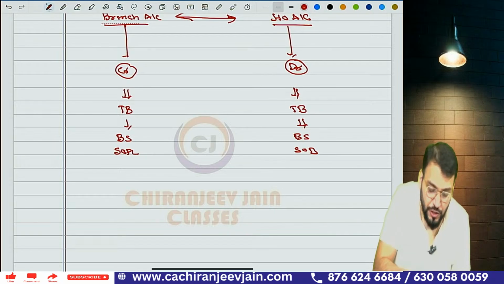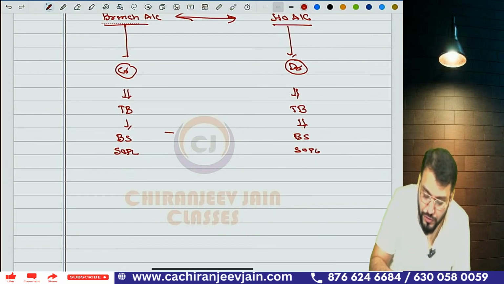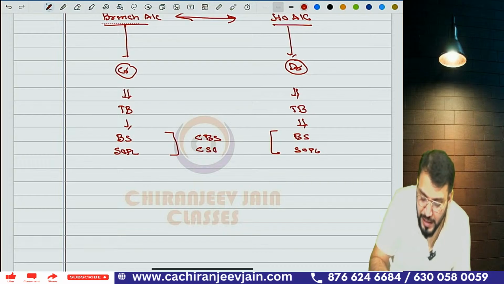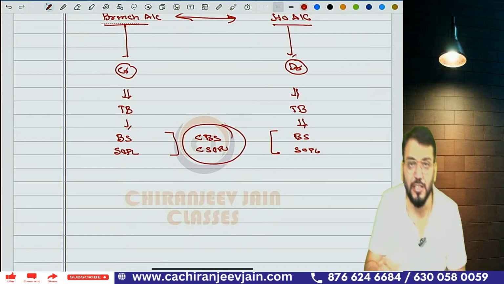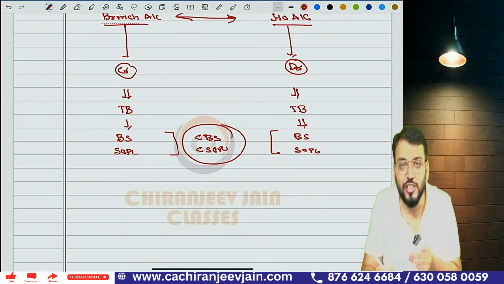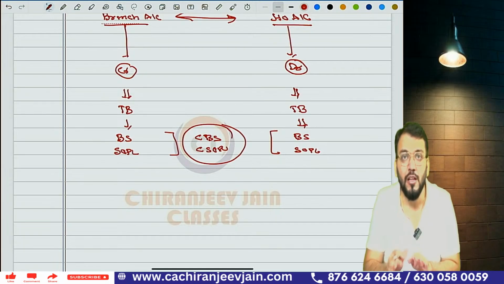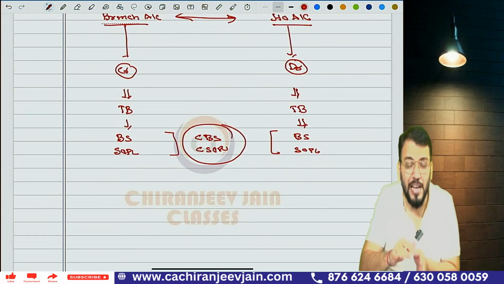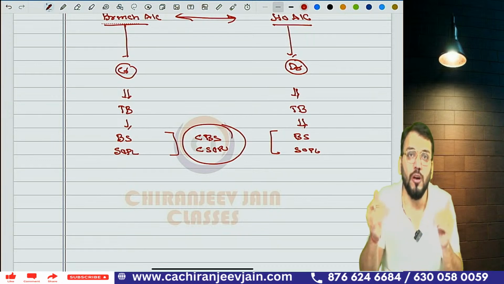And from this, we need to prepare what? A consolidated balance sheet and consolidated SOPL. This is the objective of this topic: how to prepare a consolidated balance sheet and consolidated SOPL for branch and head office together in the books of the entity.